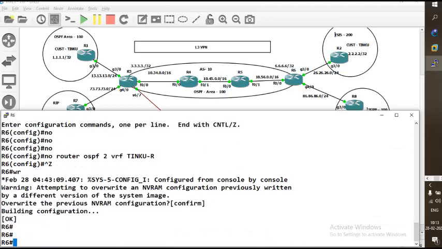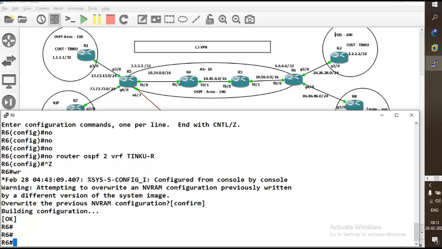IGP protocols, right, Jay? No, listen carefully. Whenever you don't have dual homing or multi-homing, you will have either a default route or a routing protocol.